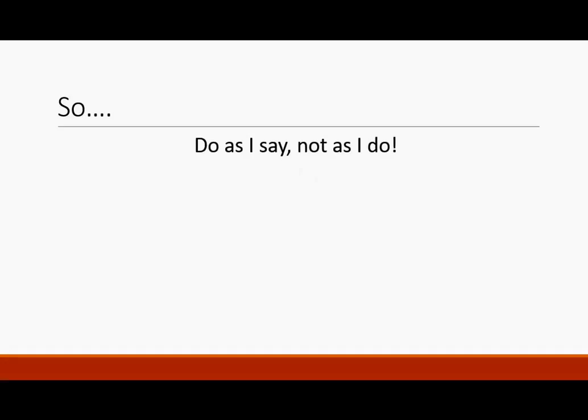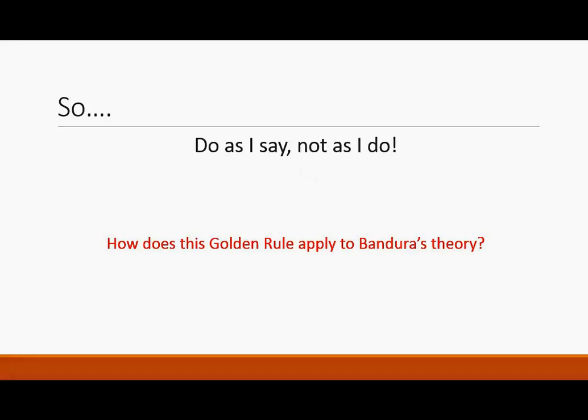So we need to be careful that we know what students are watching us do as teachers. Are we exhibiting the things we tell them? Well, of course, if they're observing us, they're likely to mimic our behavior. We serve as models for our students.